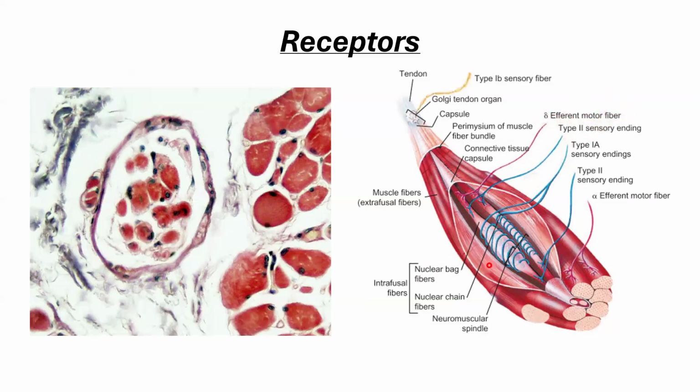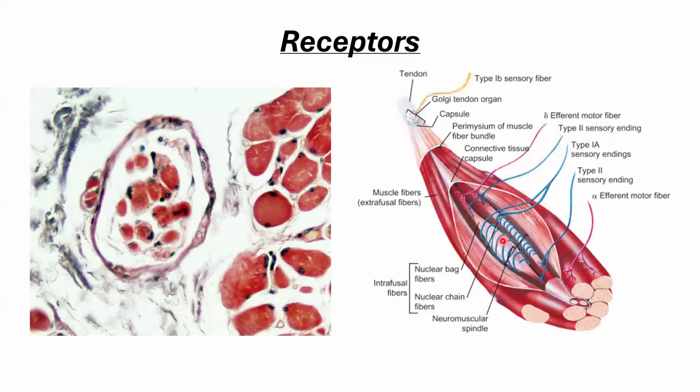Now the afferents coming from the neuromuscular spindle will be annulospiral and flower spray types of neurons. You can appreciate the flower spray, type 2 sensory endings.